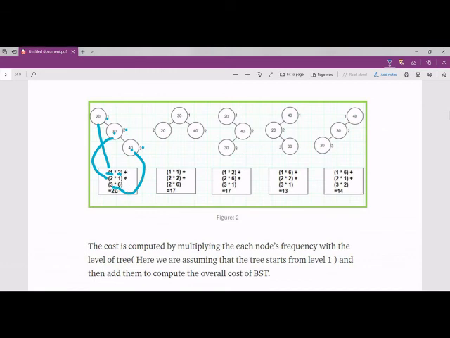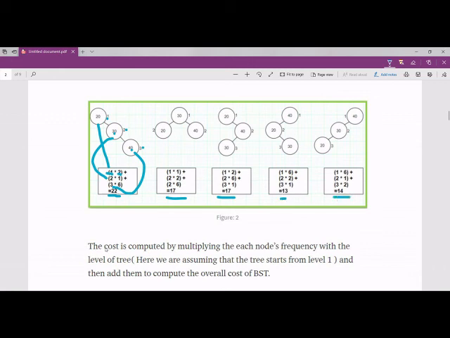We have to add them all. We get that the overall cost here is 22, and for the other cases the costs are 17, 17, 13 and 14.